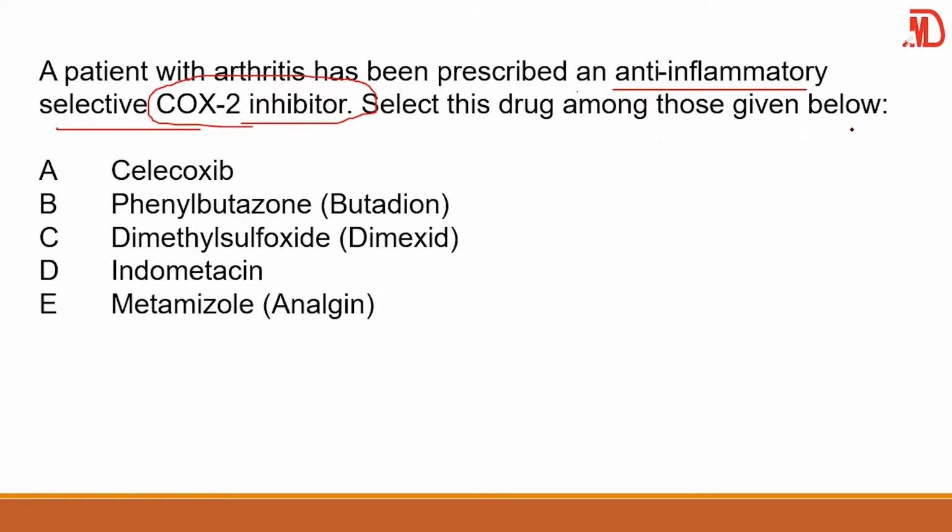Which one of them is a non-steroidal anti-inflammatory drug? And your answer is what? Of course, A. And of course, you know it blocks COX-1 and COX-2. But this one is very, very specific to COX-2, so it blocks it.